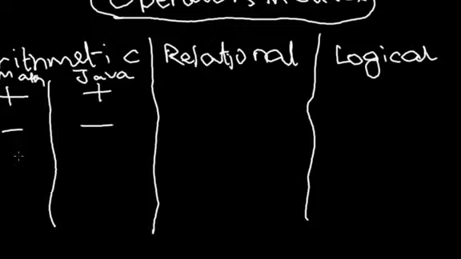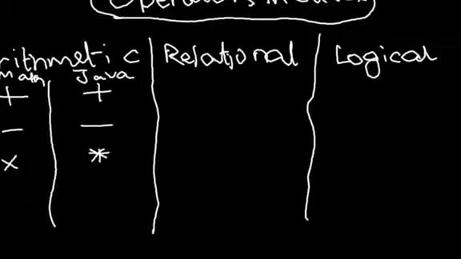For multiplication, in math it's an X, in Java it's something called an asterisk. If you want to see what it looks like, just look on your keyboard, look at the 8 key, you'll see a star above it. So if you want it, you can just press shift and 8, and you'll get that star.